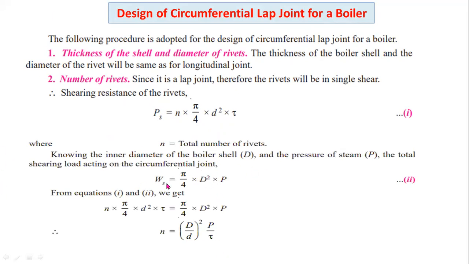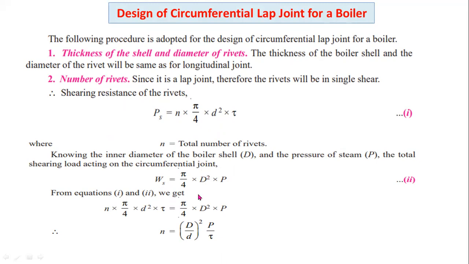Now WS is the total shearing load acting on the circumferential joint.